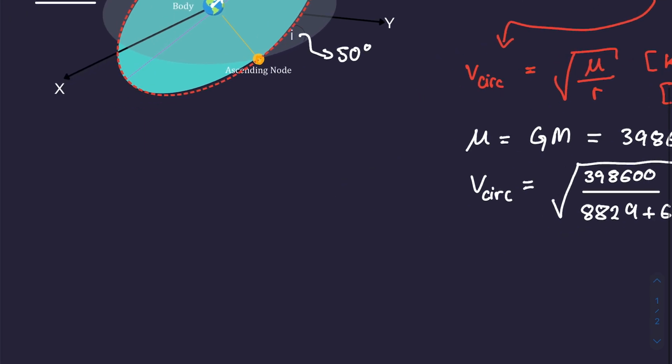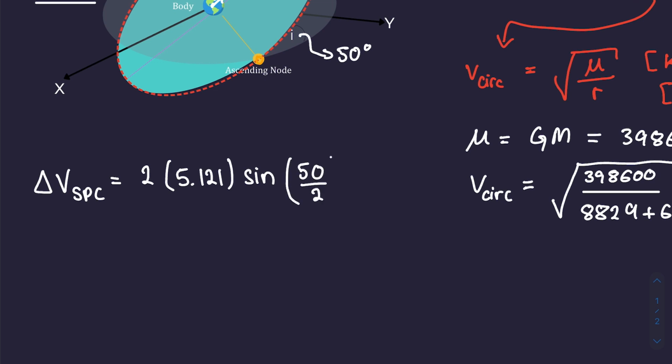So our delta V for a simple plane change maneuver is going to be 2 times 5.121 times the sine of 50 over 2. And that gives us a total delta V of 4.323 kilometers per second.